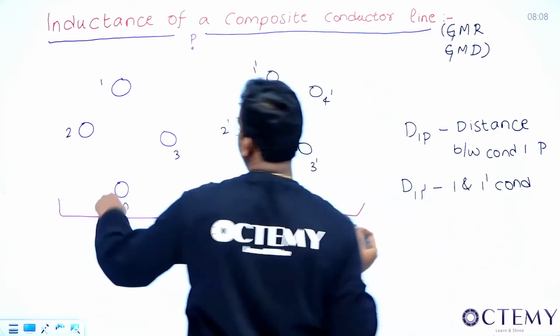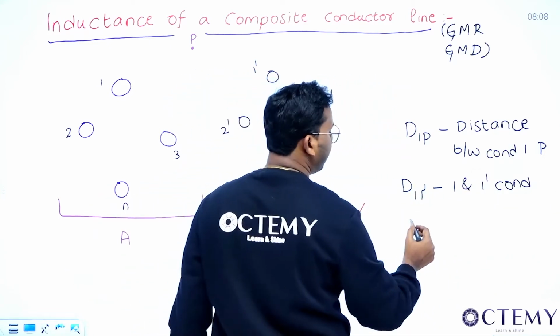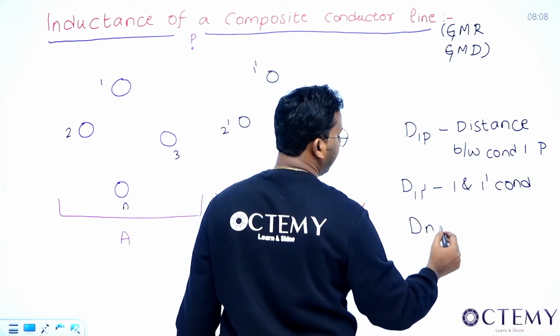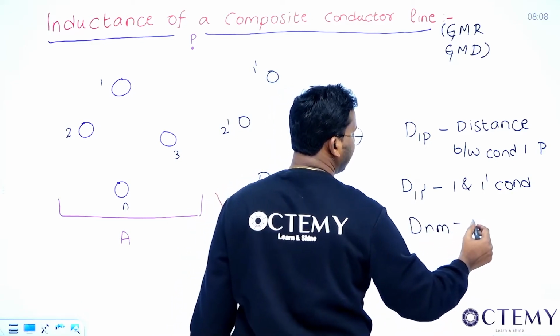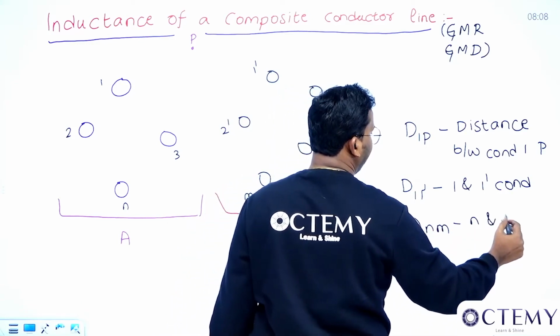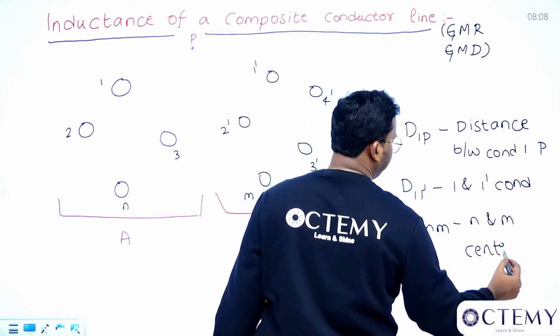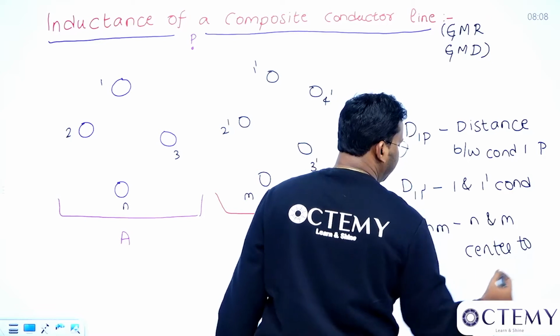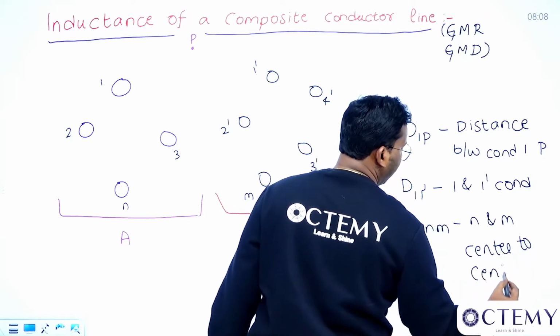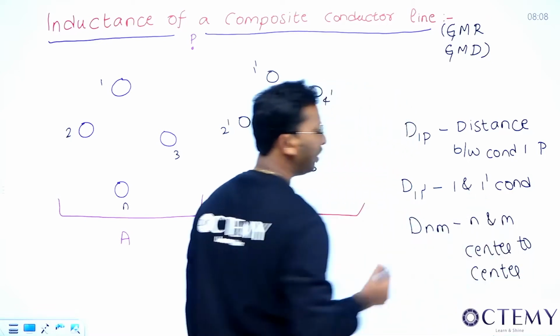If I write distance NM, it's the center to center distance between the nth conductor and the Mth conductor. I'll be using all of these terms, so make sure you understand them.